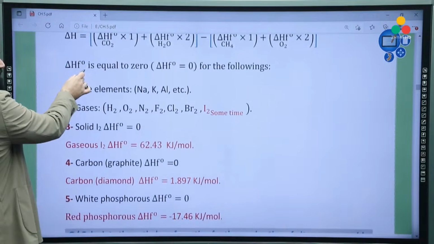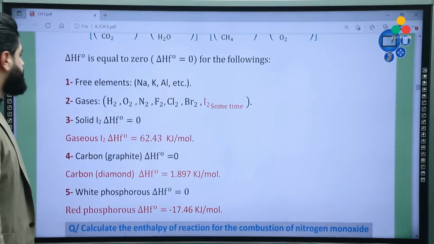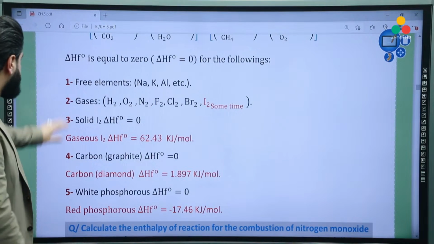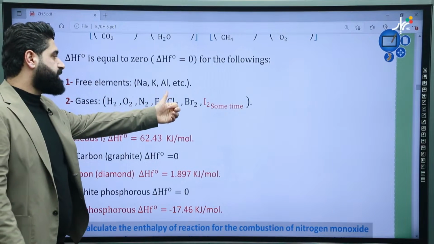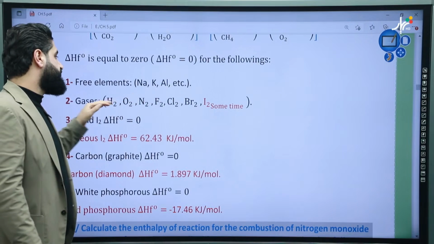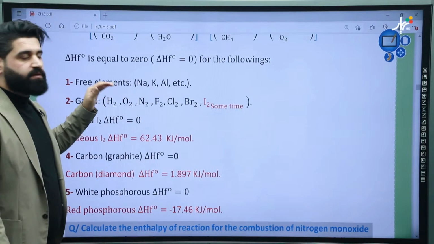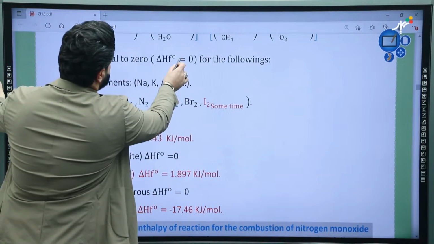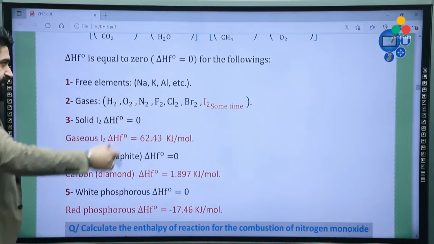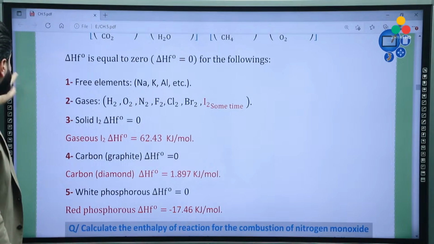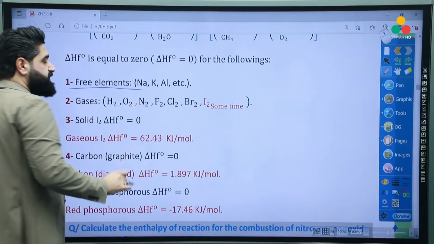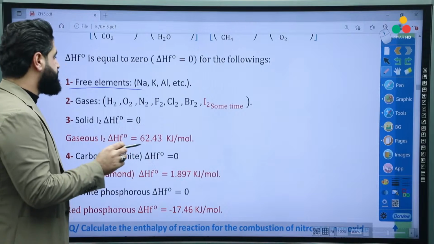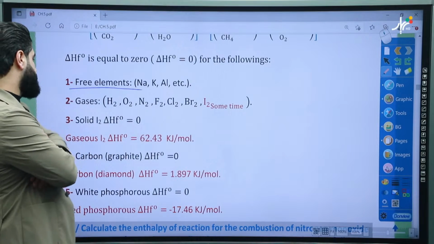Immediately we have some notes and they must be considered. The first one, free elements, Na, K, Al, etc., they have zero enthalpy of formation. So delta HF equals 0 for the following points. The first one, free elements. For the free elements, I mean each individual element in the periodic table, they have zero value of delta HF.